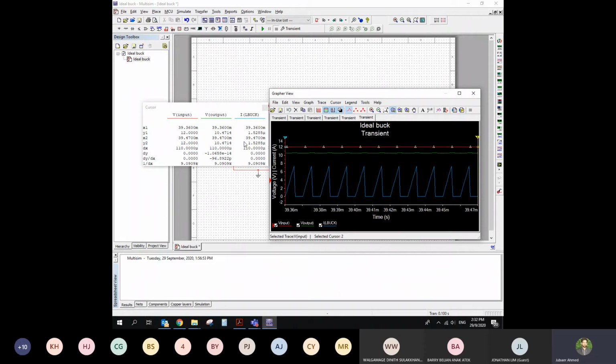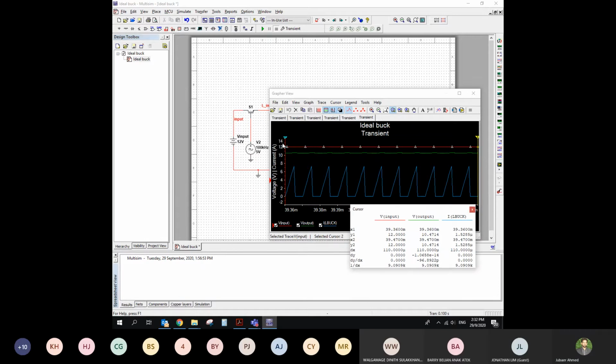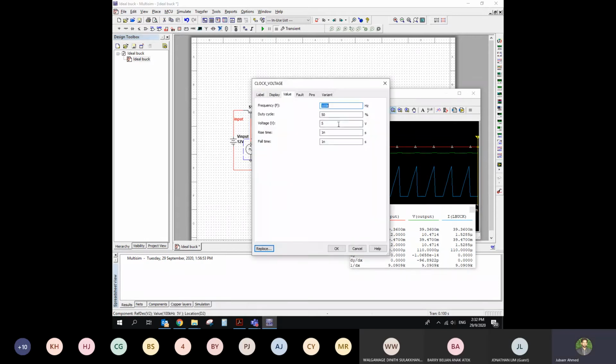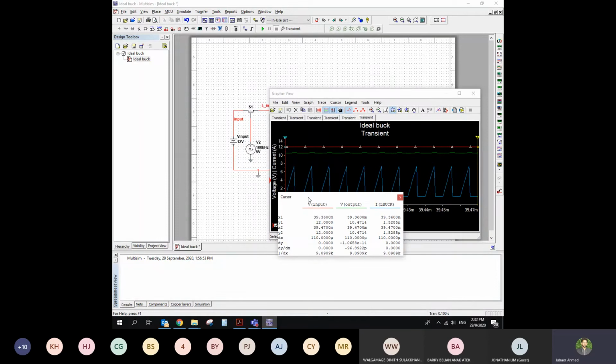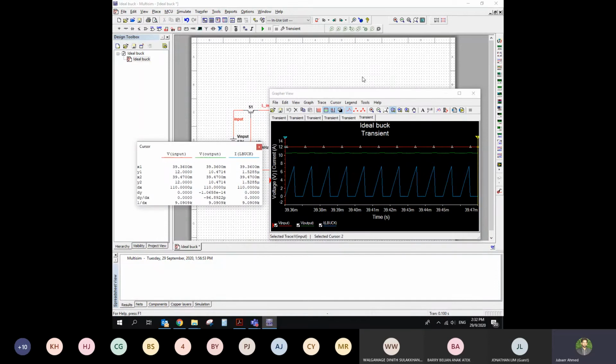We know that the duty cycle D is equal to V output over V input, but since our duty cycle here is 0.5, or 50%, our output voltage should be 6 volt. You can see how largely the value of the inductor is affecting the value of our output.